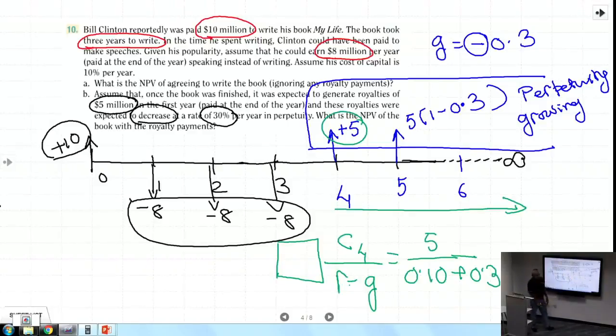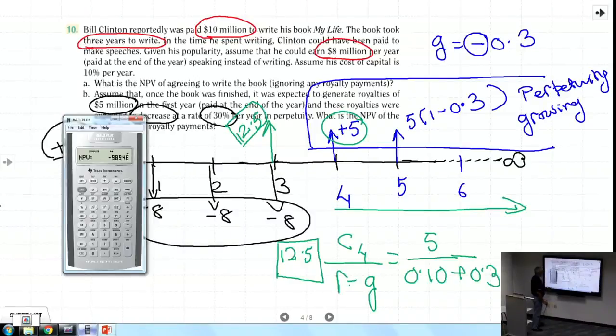So that's 5 divided by 0.4, that makes it 12.5. So the present value of this entire growing perpetuity is 12.5. So that 12.5 million would be reflected here.